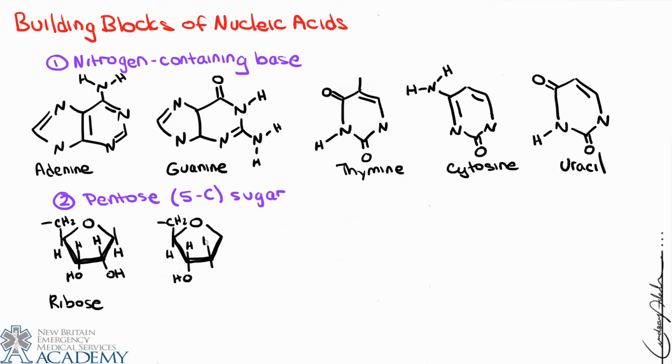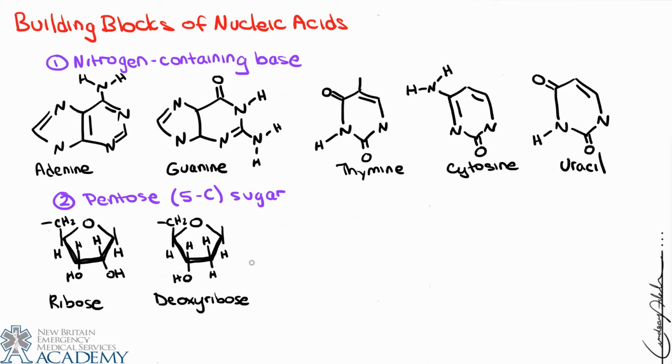So there are 2 types of pentose sugars that can be found in nucleic acids. Ribose is contained in RNA, and deoxyribose is contained in DNA. So ribonucleic acid contains ribose, and deoxyribonucleic acid contains deoxyribose.